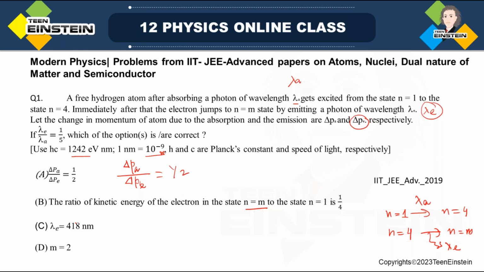Whether that is correct, we have to see. And further, m is equal to 2. You have to find out whether the state where the hydrogen atom gets de-excited to, that is m is equal to 2, is correct or wrong.